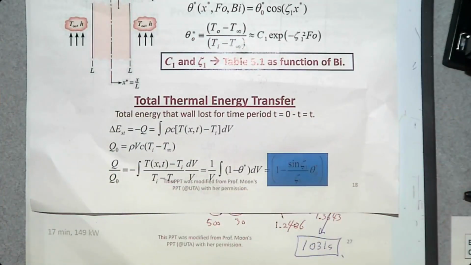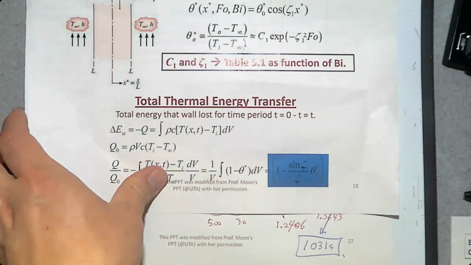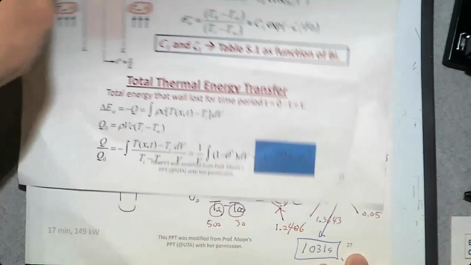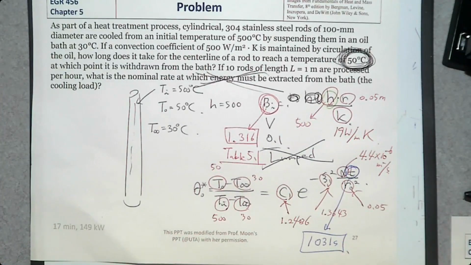If you already calculated theta star and zeta 1, you can use this equation to determine the total heat transfer rate. That can be important, but not the nominal rate. We can skip it because there are just too many materials that we need to cover. In the exam, we are going to focus on the temperature and time relation. So don't worry about the nominal rate of heat transfer, which I assume is not important.